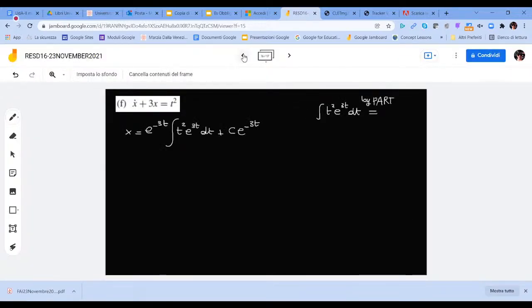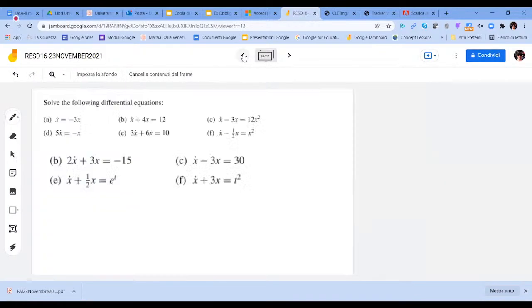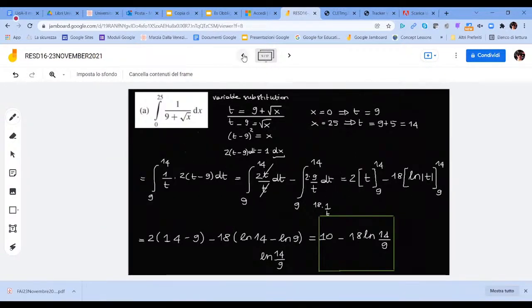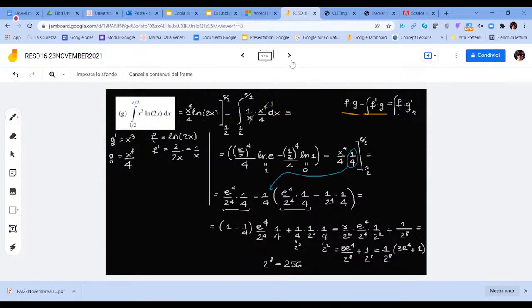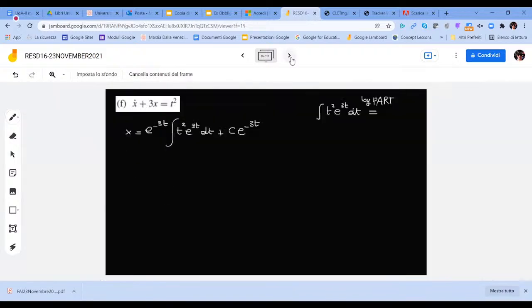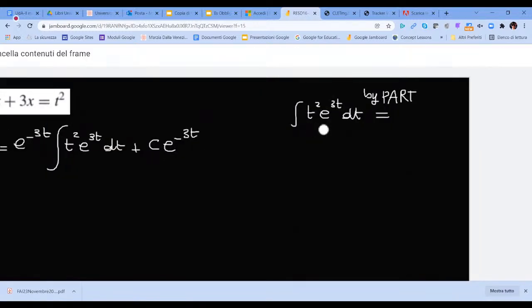Let me use the same letters as before for the integral of f times g prime. So f prime will be 2t and g will be e to the 3t divided by 3.